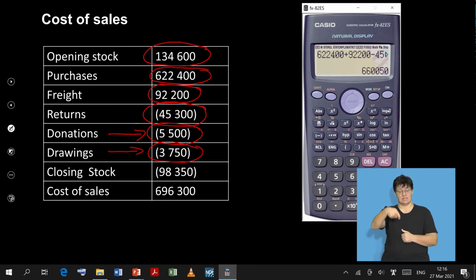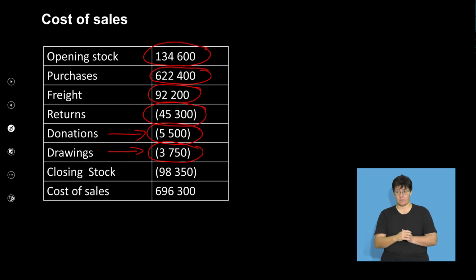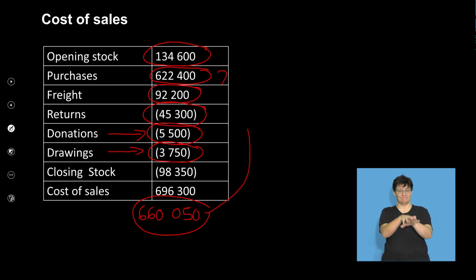660,050. Now, watch. This figure here is actually a combination of all of these here. Can you see that?